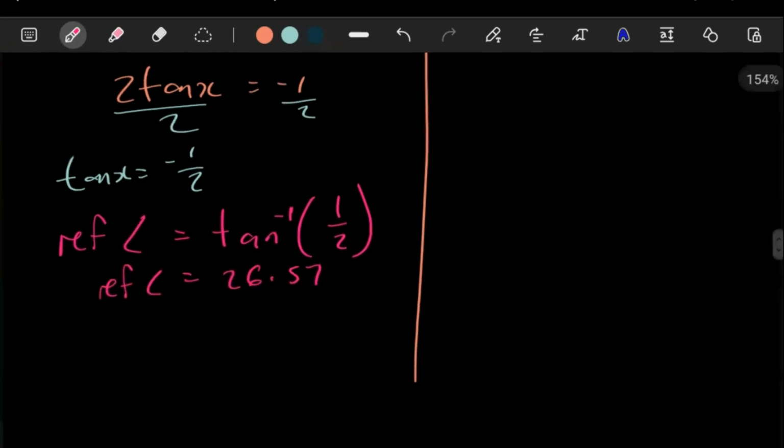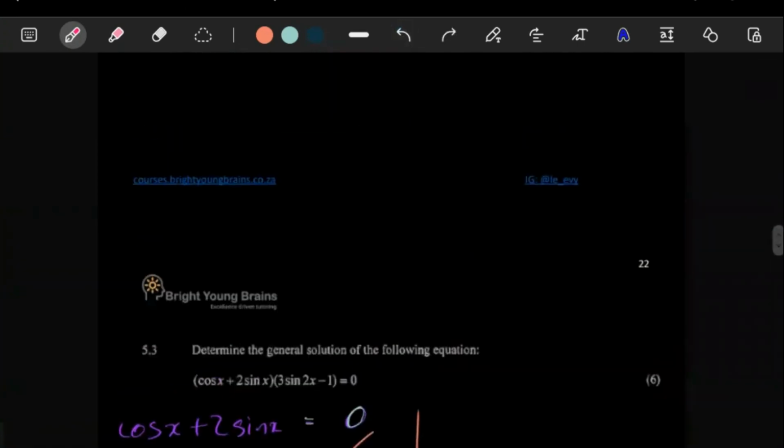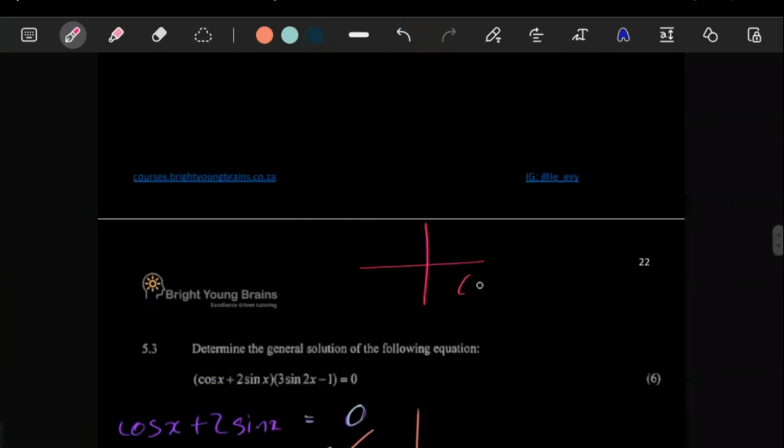Now that being done, you can use the negative. The negative is telling you to work in the two quadrants where tan is negative. That's quadrant number 2 and quadrant number 4.